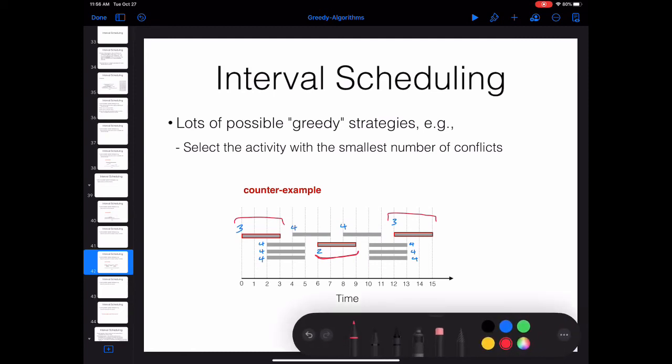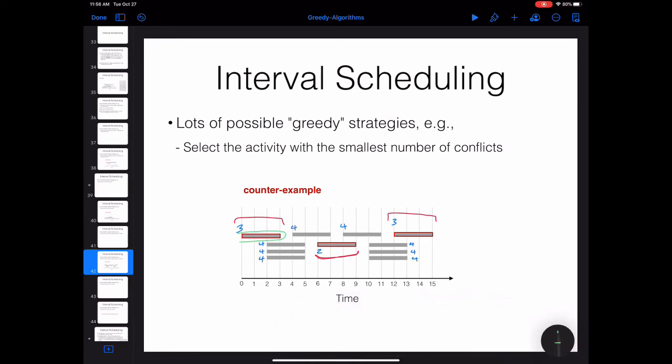But what is the optimal answer? The optimal answer is taking this one, this one, this one, and this one. You can see that the optimal answer is 4 activities, but the greedy strategy gives you 3. So this counterexample is enough to show this is not optimal.